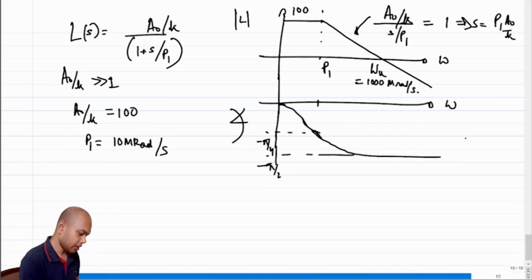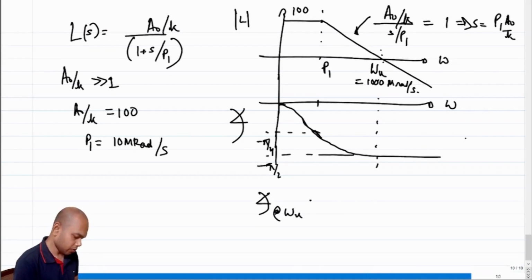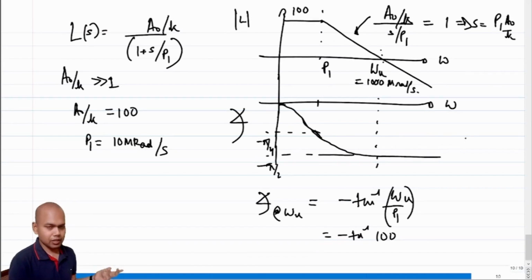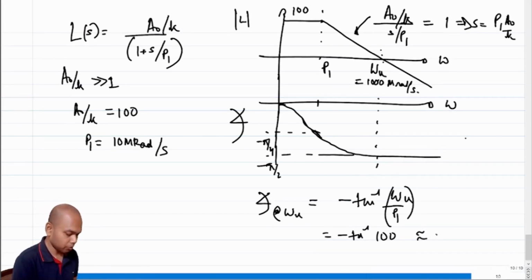Okay, so what is the phase at the UGB? The angle at omega U is minus tan inverse of omega U by P1, which is minus tan inverse 100. Now tan inverse 100 is very close to pi by 2, so this is almost equal to minus pi by 2.